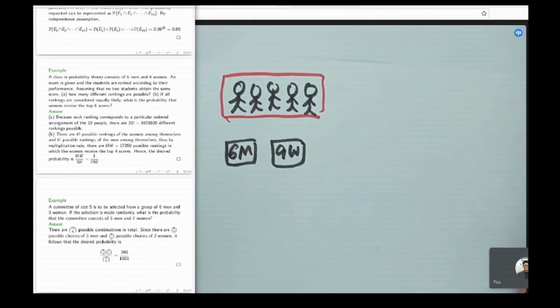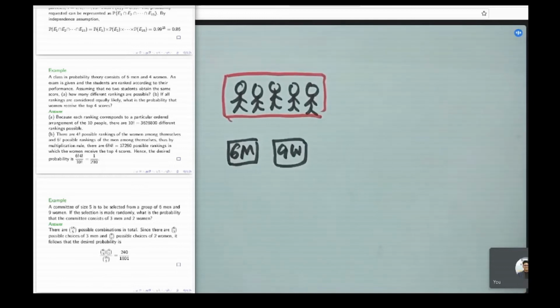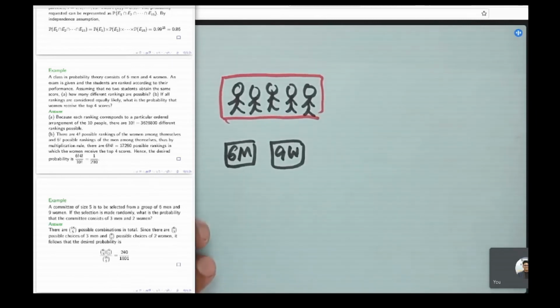Now, unlike the previous case, we have to make the choices. So the problem is, if the selection is made randomly, what is the probability that the committee consists of 3 men and 2 women?